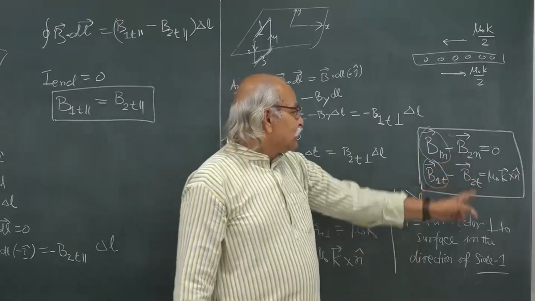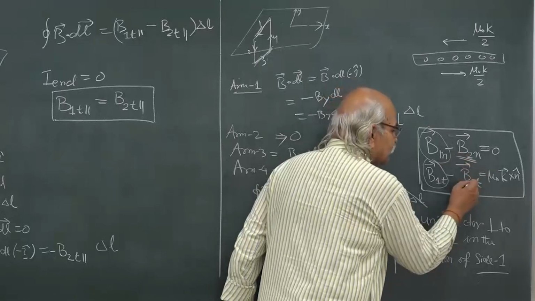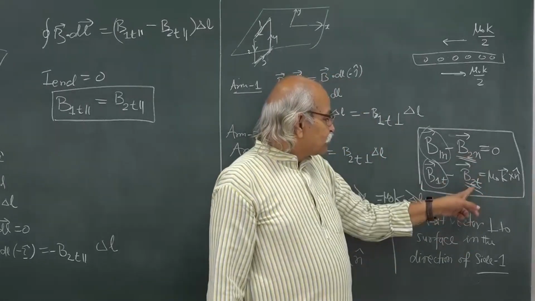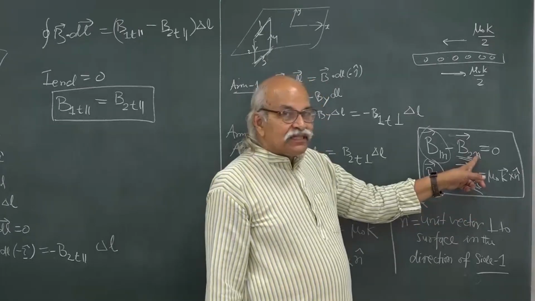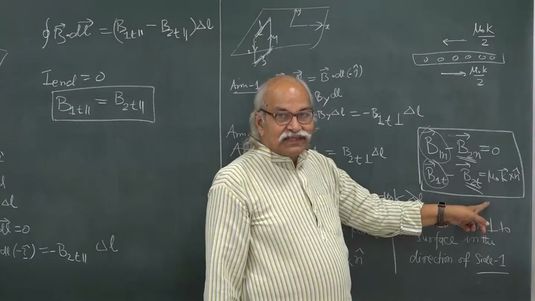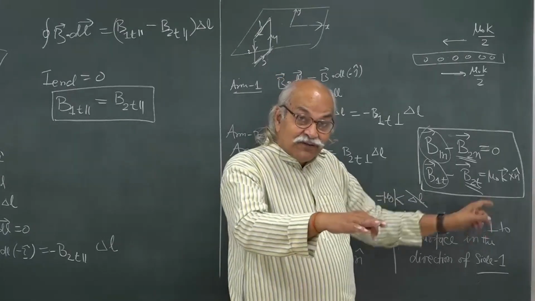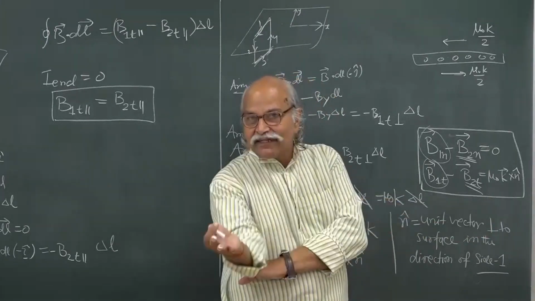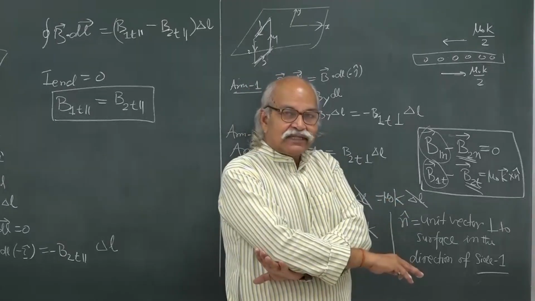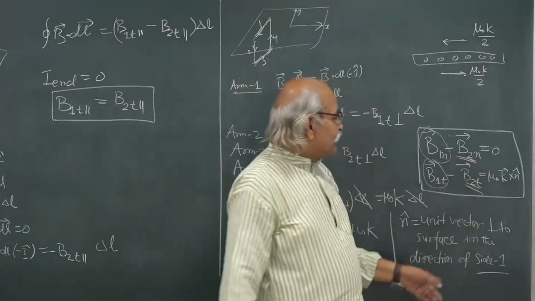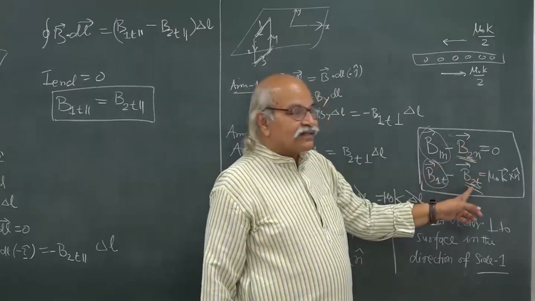Similarly, add this one and this one, the normal component of B2 and the tangential component, and this tangential is now the resultant tangential direction, which can have a component parallel to the current and perpendicular to the current. When you add these two, what do you get? You get the resultant B2 vector.